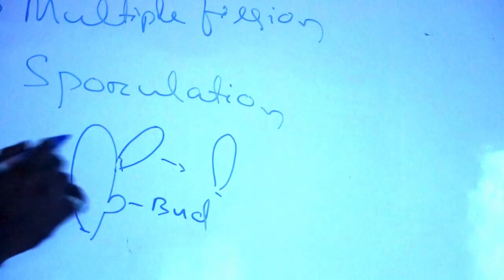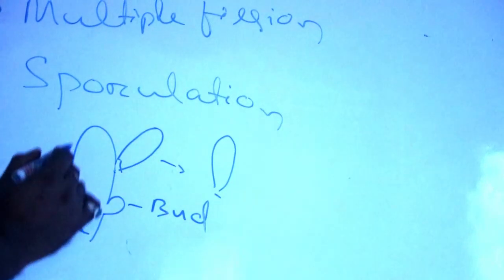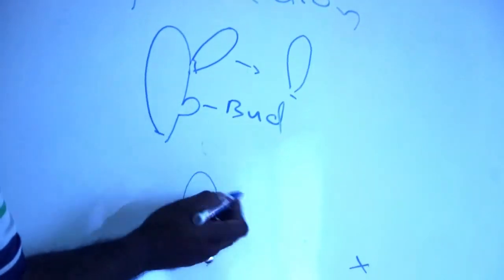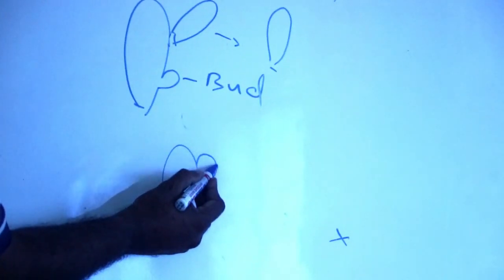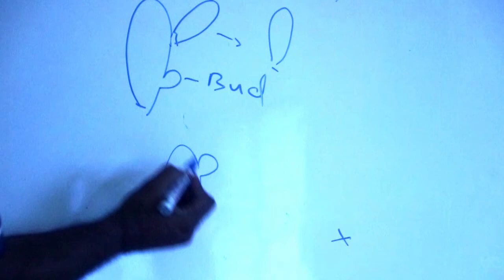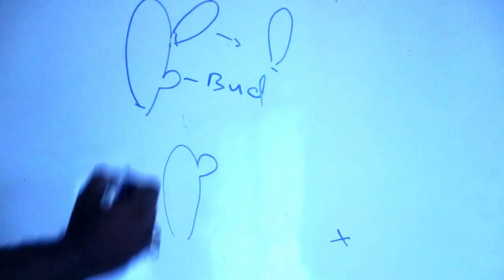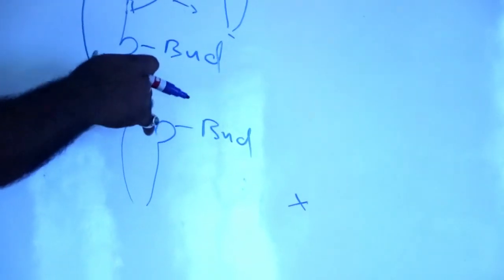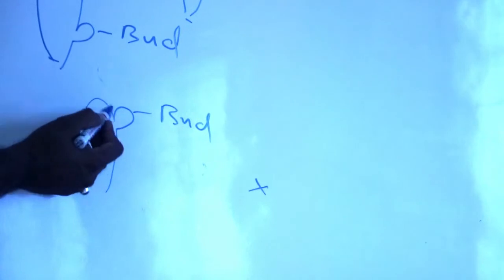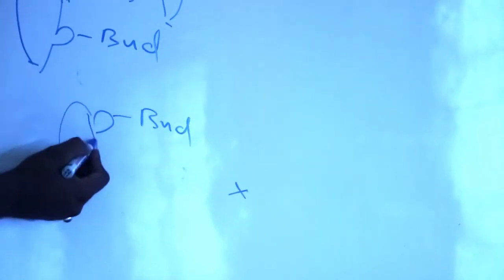Budding is one type of asexual reproduction during which the parent organism produces small outgrowths from its body. Such an outgrowth is known as a bud. Such a bud later on grows into a complete organism and then it detaches from the parent body and independently grows as a new individual.